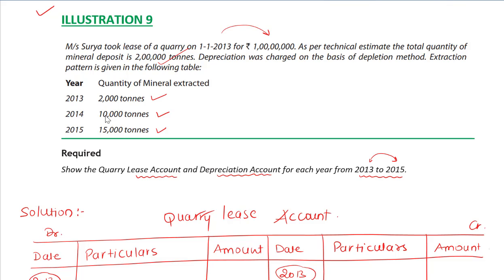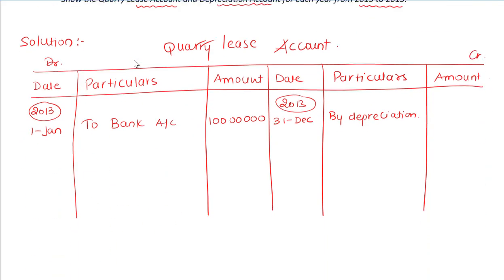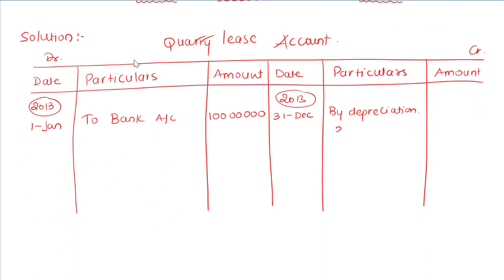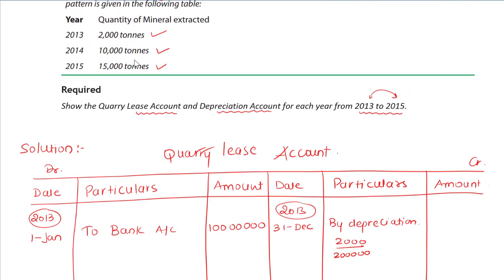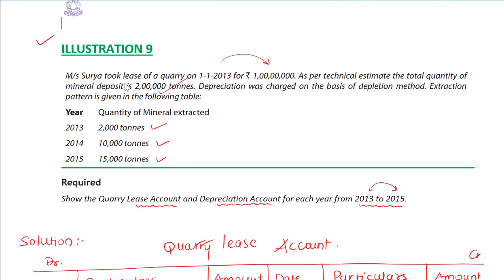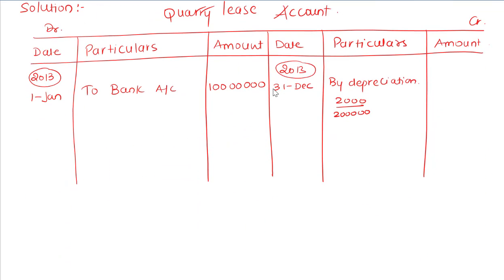Quantity of mineral extracted in 2013 is 2,000 tons. The total deposit is 2 lakh tons. So it would be 2,000 divided by 2 lakhs, multiplied by the lease amount, that is 1 crore.